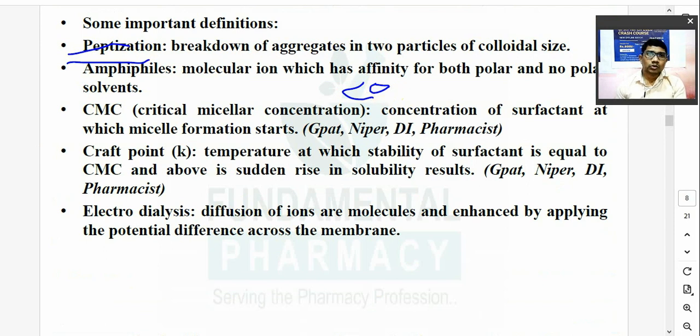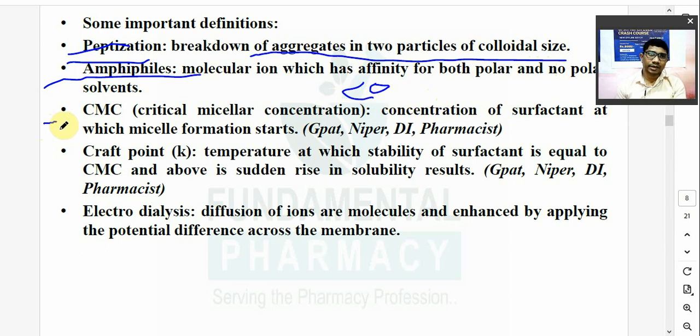So peptization means the breakdown of aggregates into particles of colloidal size. Amphiphiles मतलब क्या होता है? Amphiphiles मतलब molecular ions which have affinity for both polar as well as non-polar solvent. That is known as amphiphiles.